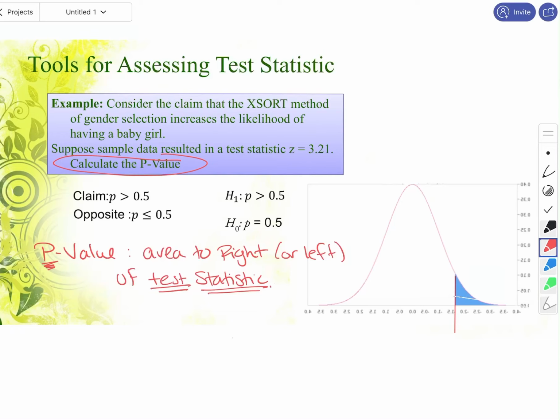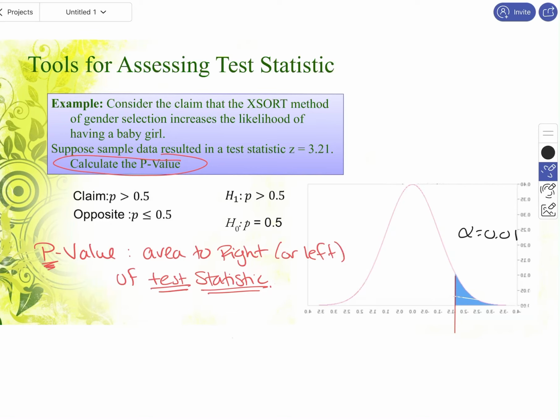So the region that we have graphed here is our critical region from our alpha. Remember, this was for alpha equals 0.01. That gave us a critical value of 2.33.